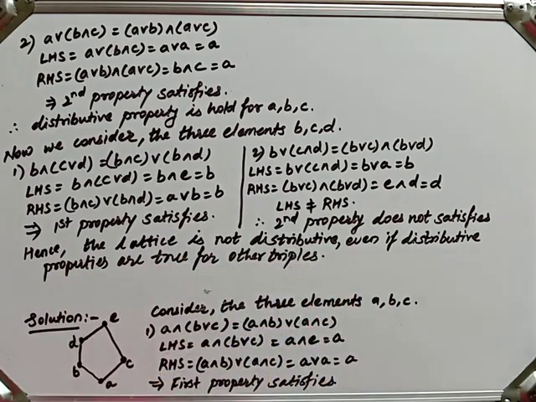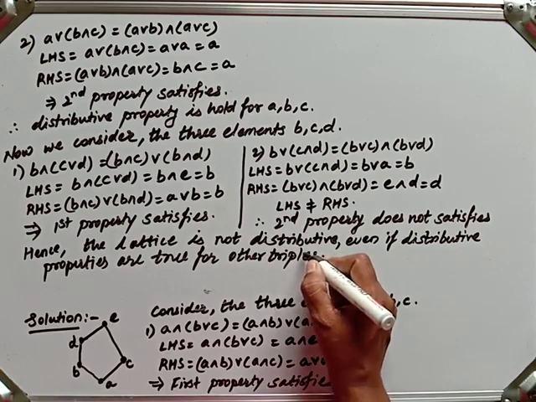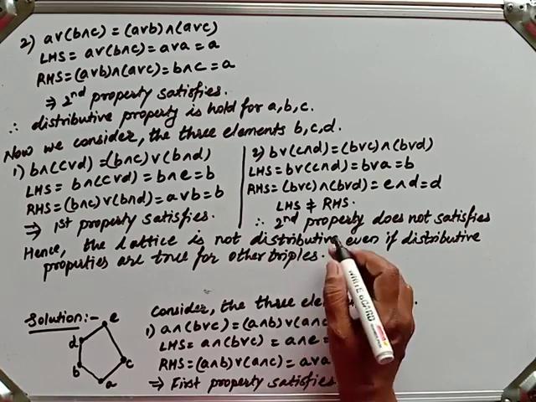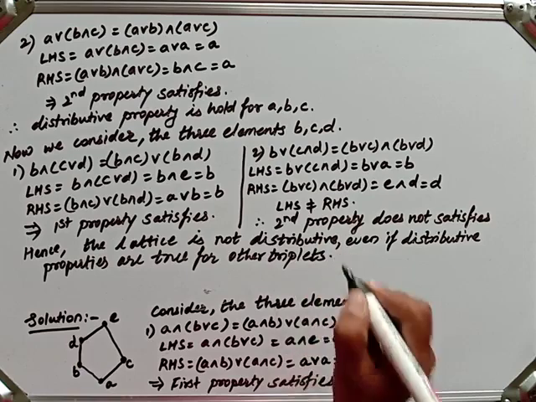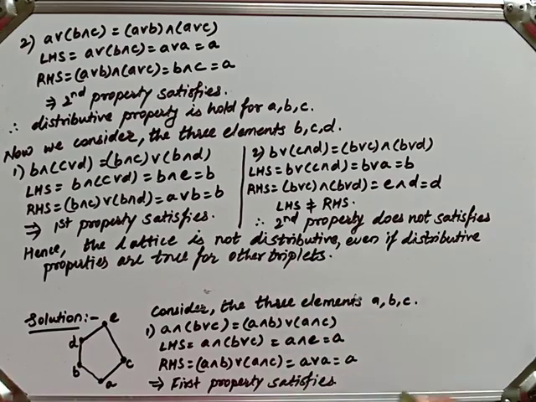If at least one triplet fails, then it is not distributive. So note that to prove that the lattice is not distributive, we have to find the correct triplet which doesn't satisfy the distributive property. This can be done by the trial and error method only, as we have seen in this example.